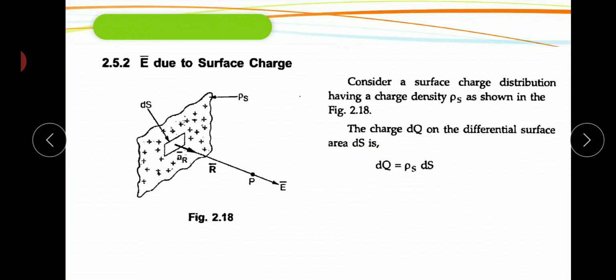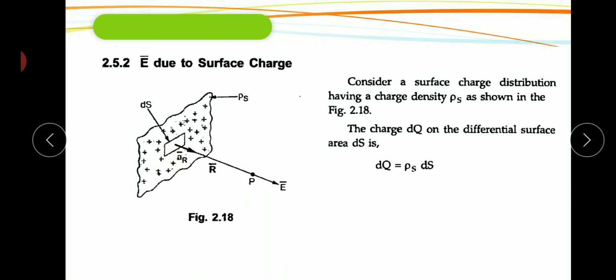Now due to the charge on the smallest surface area, an electric field is developed around the surface. In that electric field, let us choose a point P which is at a distance r from the differential surface area. Here AR bar is the unit vector along the direction from ds to the point P.